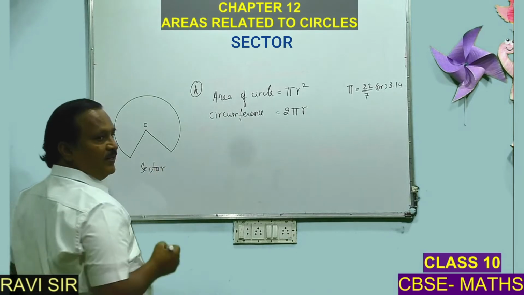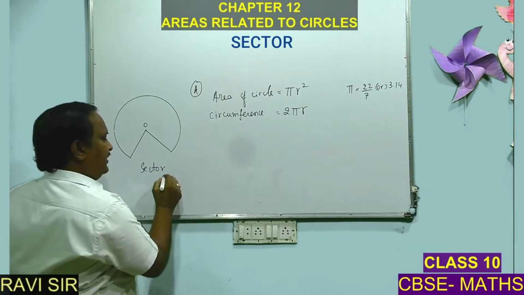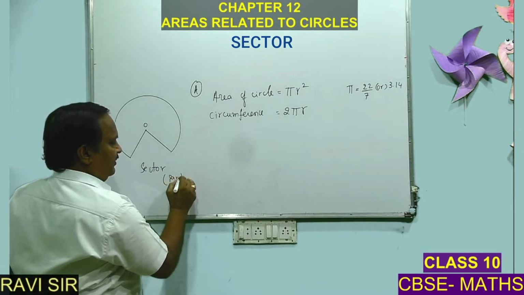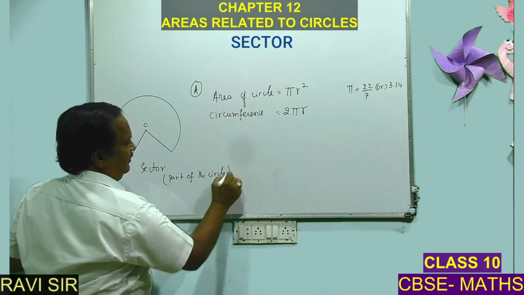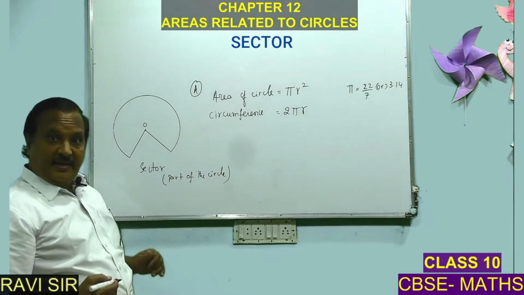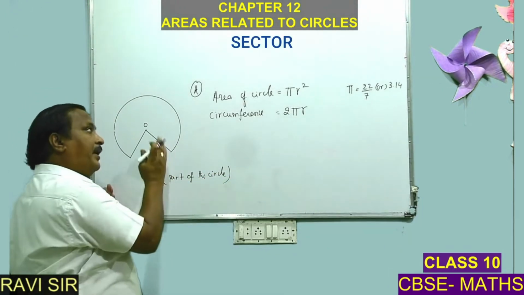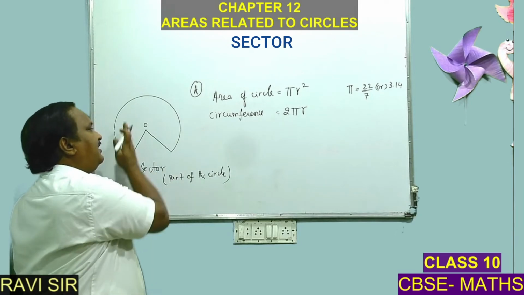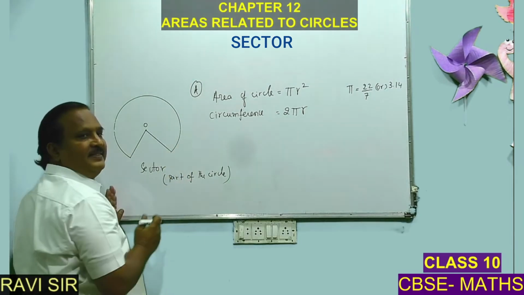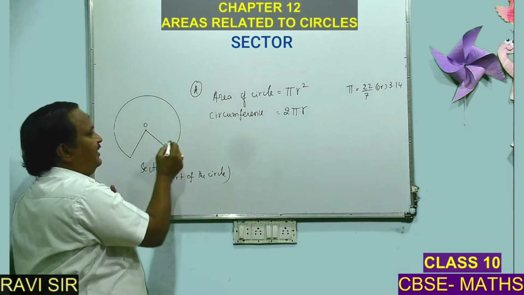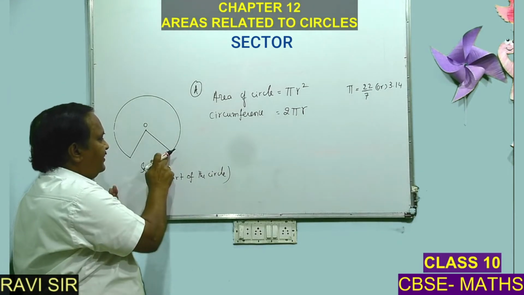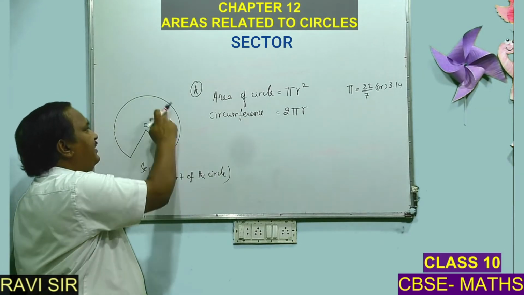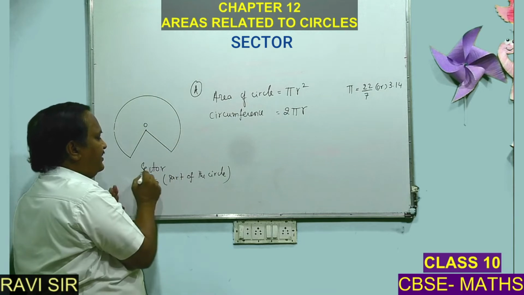Sector, it is a part of the circle, right. We have taken a part of the circle. We have cut the circle along with the radius. So this entire thing is a sector. So I have removed this arc. So then what happened? You will be having a sector. So we call this sector.